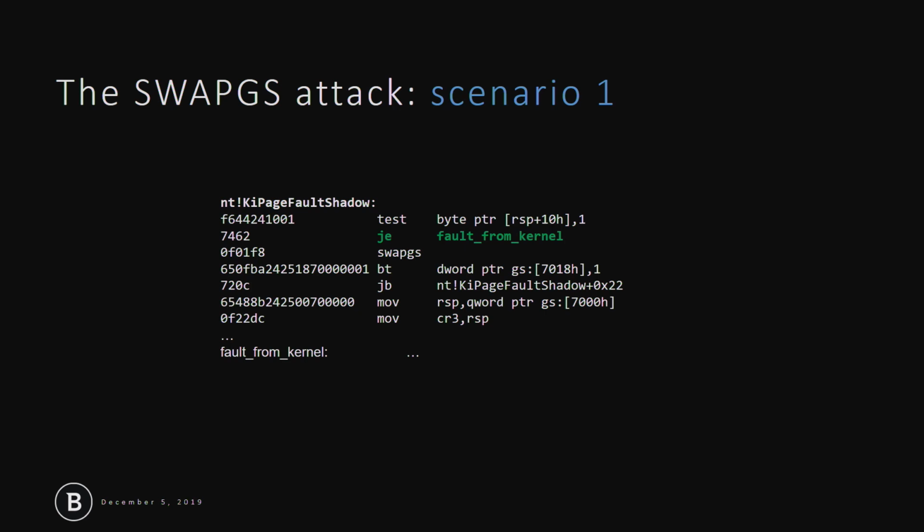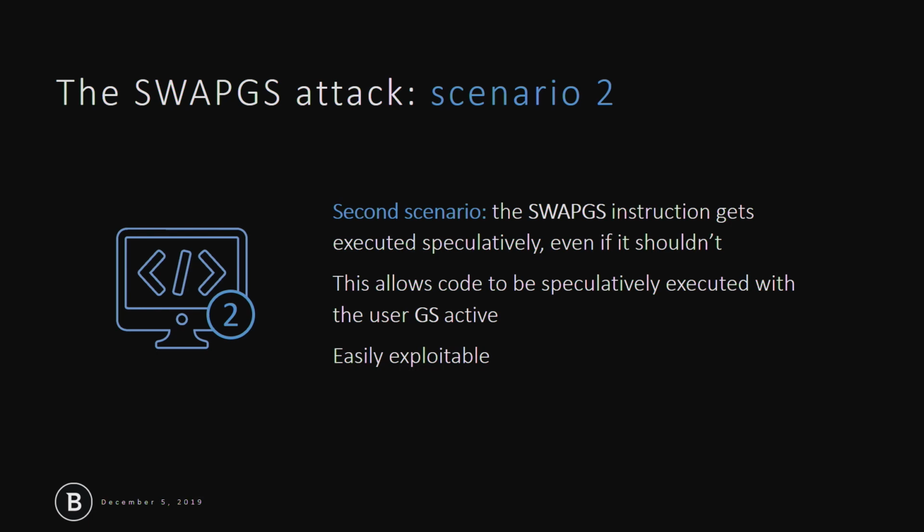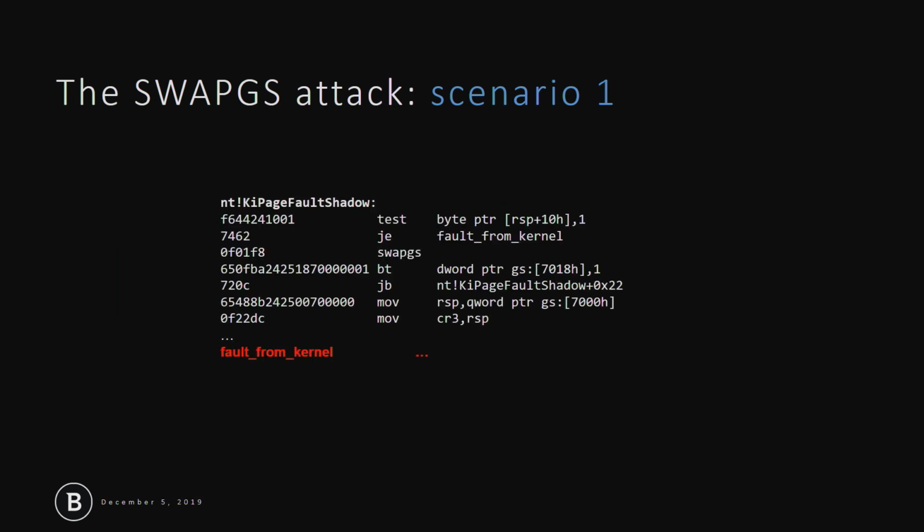However, if the branch is mispredicted and not taken, the SWAPGS instruction would not be executed, and due to this, the old GS, the GS that was loaded before the exception took place, would still be used. Normally, the execution should continue at the following label after the SWAPGS has been executed and the GS has been loaded. This scenario is rather hardly exploitable.